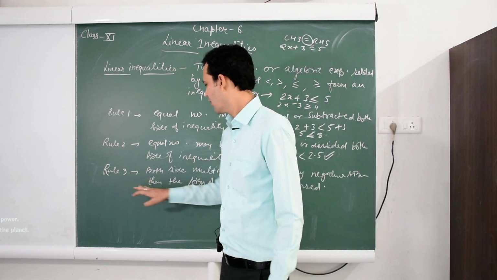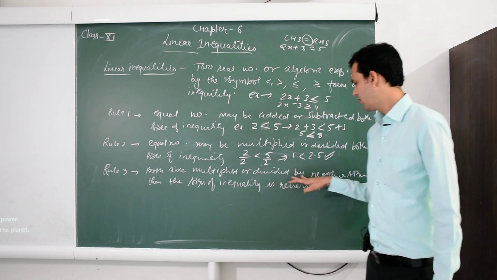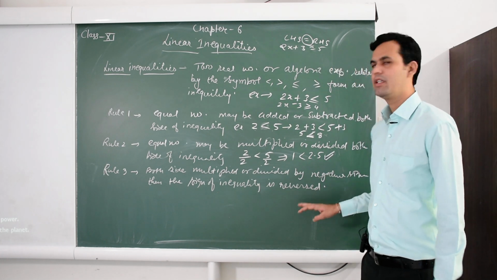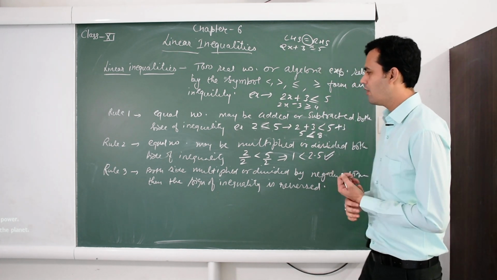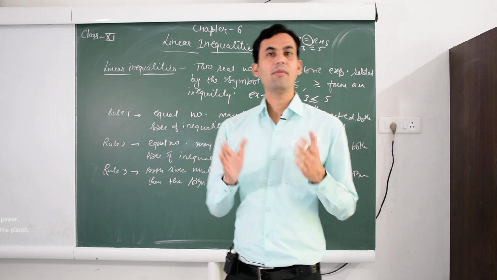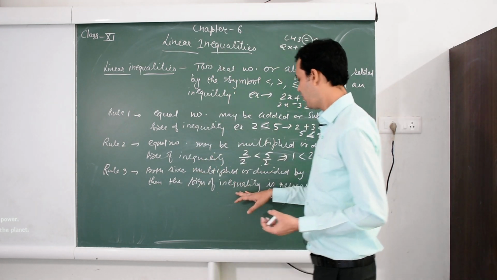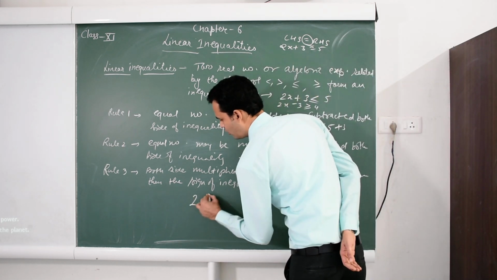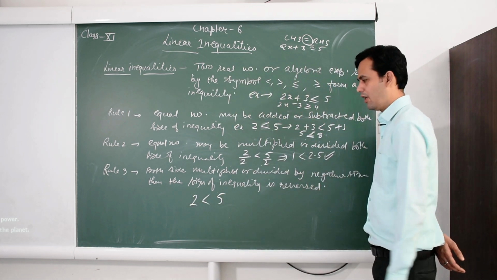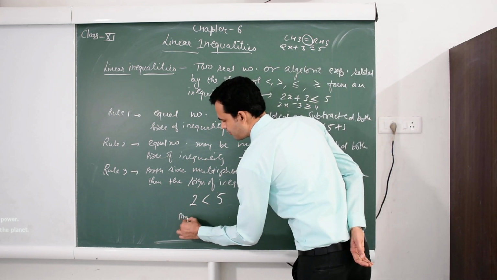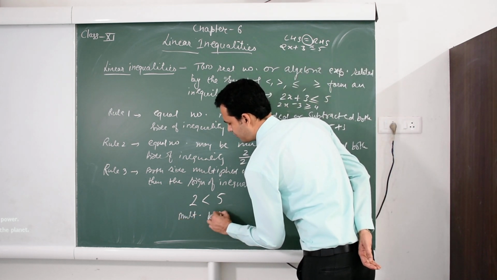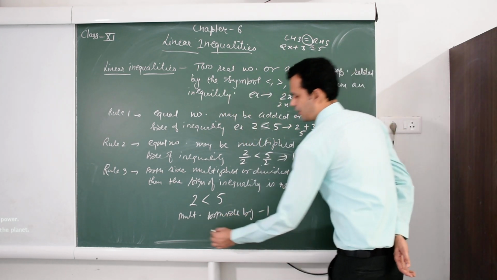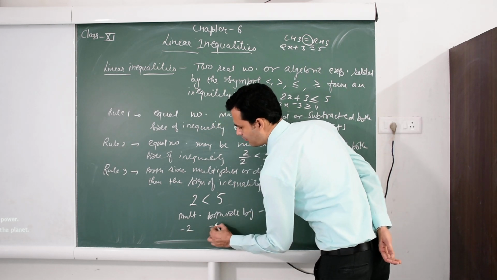Now third rule: if both sides are multiplied or divided by a negative number, then the sign of inequality is reversed. Just like 2 less than 5, if we multiply both sides by minus 1, then we get minus 2 and minus 5.